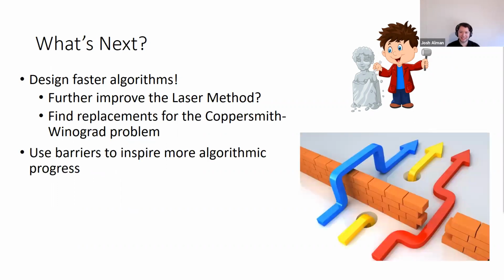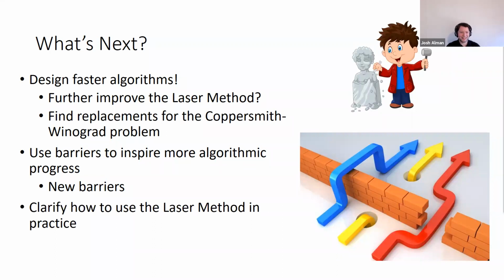Like I mentioned, I think it's nice to use barriers to inspire more progress, and possibly even try to prove more barriers and rule out other approaches, which could help to design algorithms and vice versa.